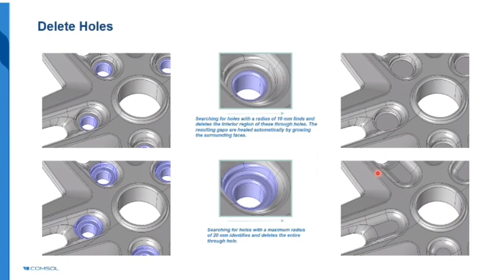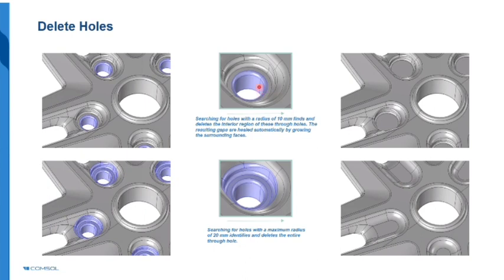So another option is the delete holes option. If this is the original object that you have imported, based upon the radius that you provide, you can see that various holes or circles will get selected, and the end object will be different, again based upon the radius that you are using.